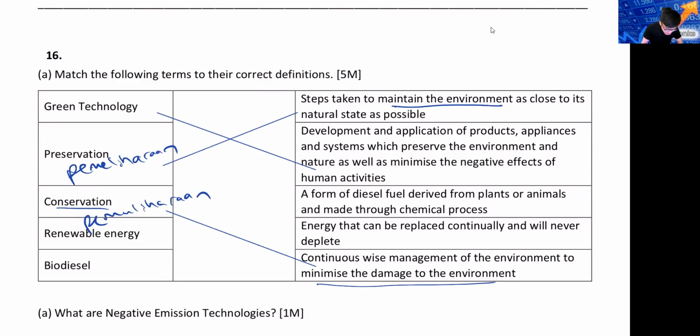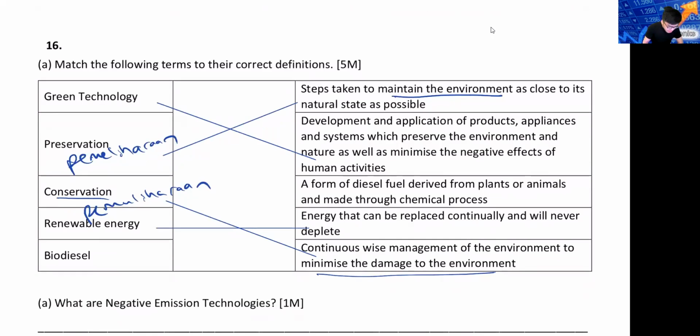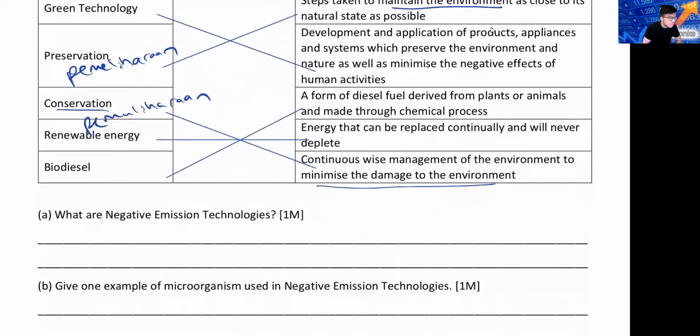Renewable energy is energy that can be replaced, like your solar. Biodiesel is a diesel formed from plants and animals. Like I said, your cooking oil, after you use it for frying, is actually a biodiesel. You can put it in your diesel car, if you have one.